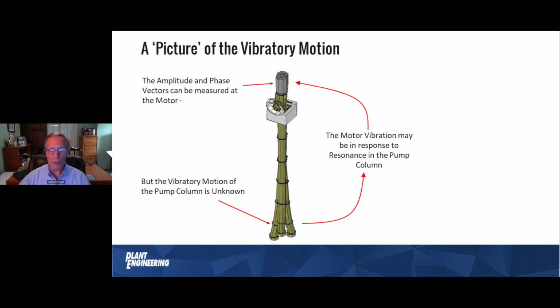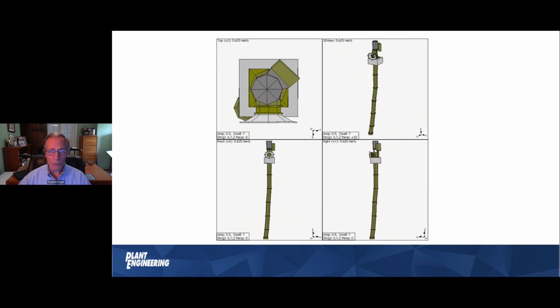If you mount transducers on the pump and on the motor and do an operating deflection shape, you will see the relationship between the motion on the bottom and the motion on the top, which is what you'd like to understand. This is what an operating deflection shape on that machine would look like. One presentation of it: there is in the upper right-hand corner a 3D view showing a 3-dimensional image of what that motion is.